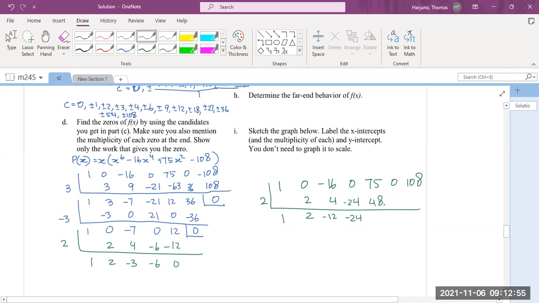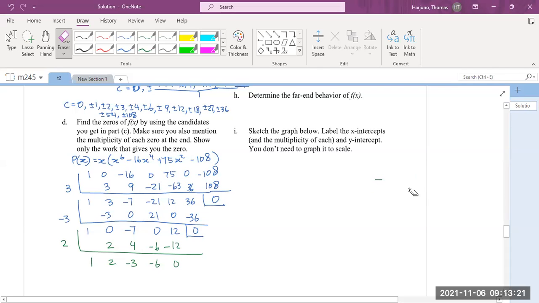Oh, I think I made a mistake there. This is supposed to be 27. Yeah, I made a mistake in my computation. But 2 works. I thought 2 didn't work. I was too fast with my computation earlier.